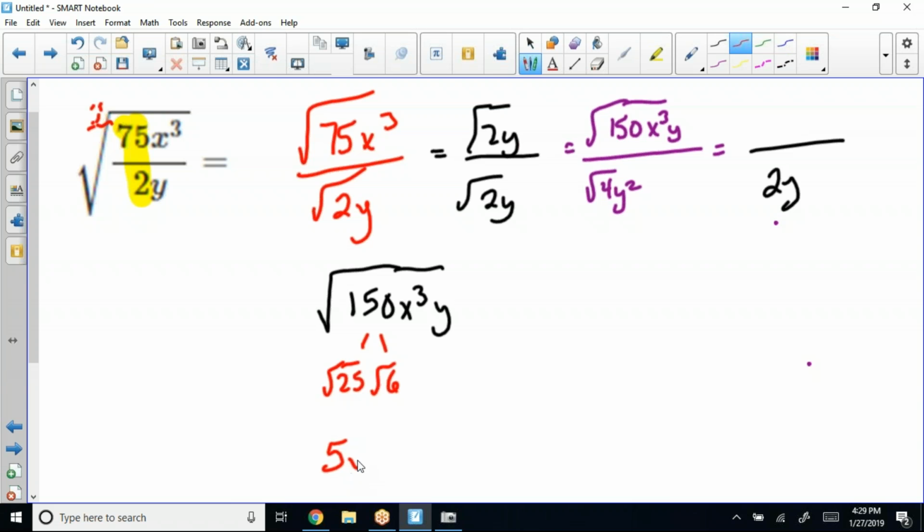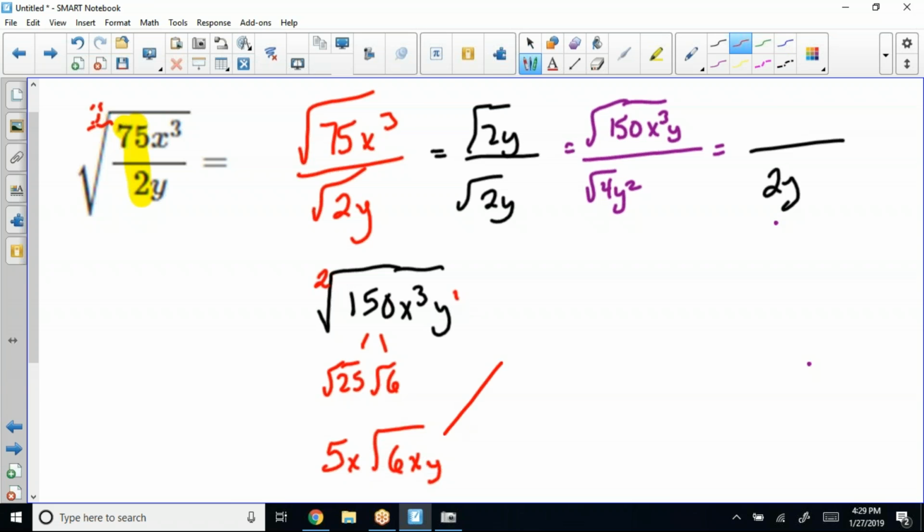Now I can pull out 1x, but I can't pull out a y, so that's going to leave 6xy. Remember, there's a 2 right here, so 2 goes into 3 one time, so brought 1 out and 1 left over, and 2 won't go into 1 because it's less than that. So just kind of be mindful of that.